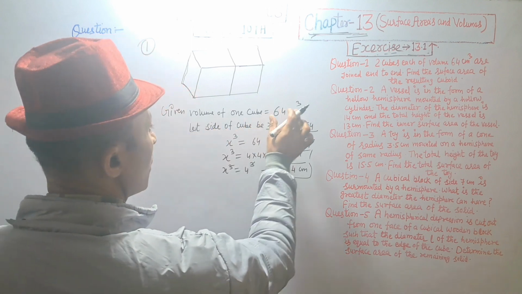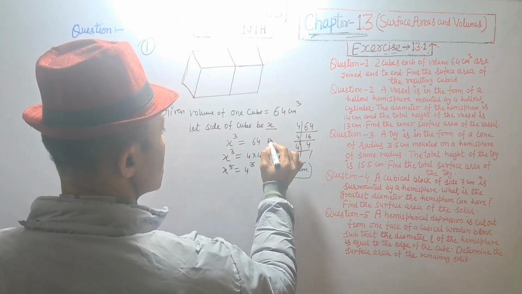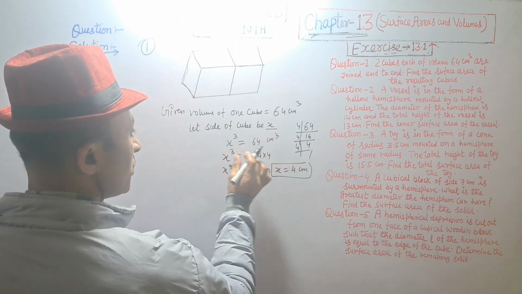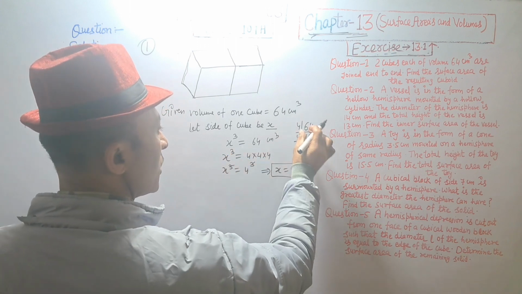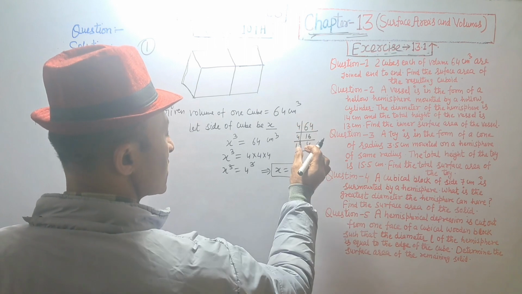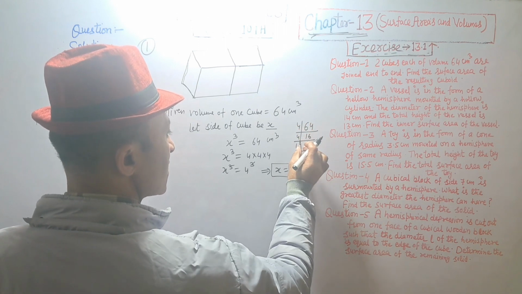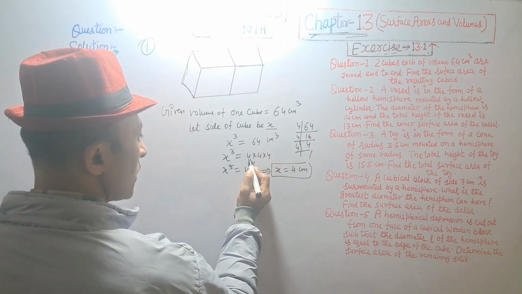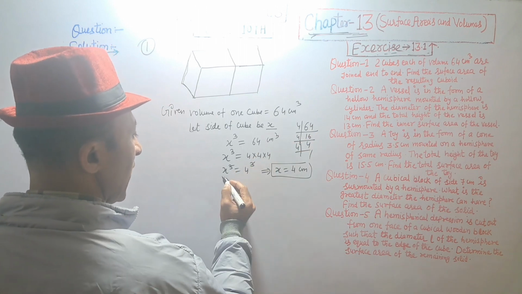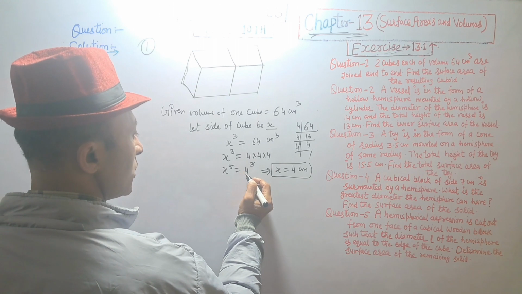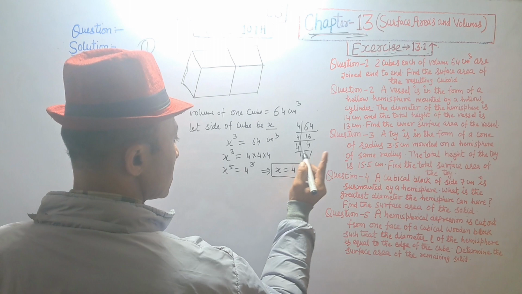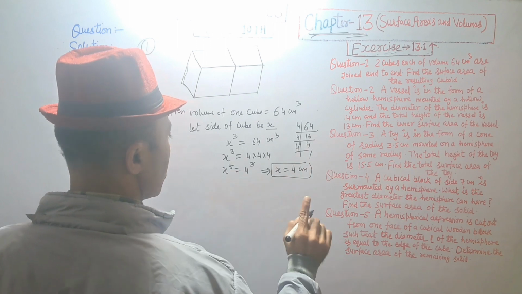If volume of one cube is equal to 64 centimeter cube, then x cube is equal to 64. 16 4s are 64, 4 4s are 16, and 4 1s are 4. That is 4 raised to power 3. X raised to power 3 is equal to 4 raised to power 3. Then we get the value of x is equal to 4 centimeter.